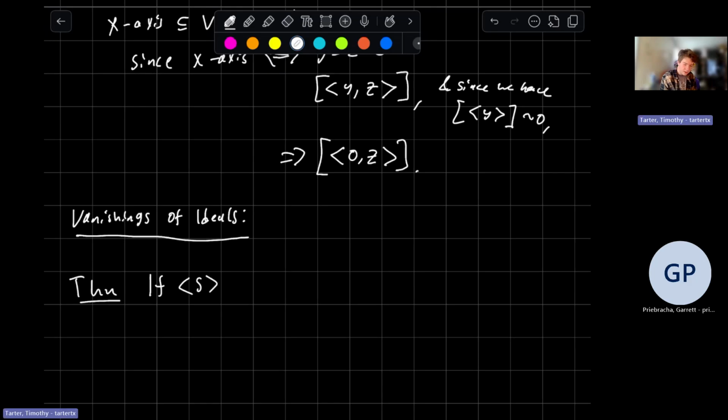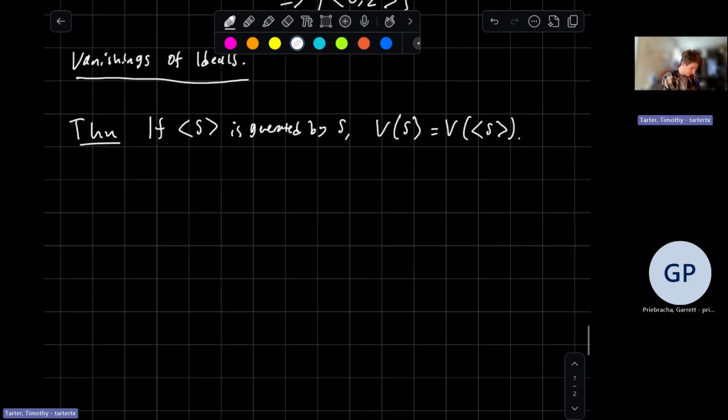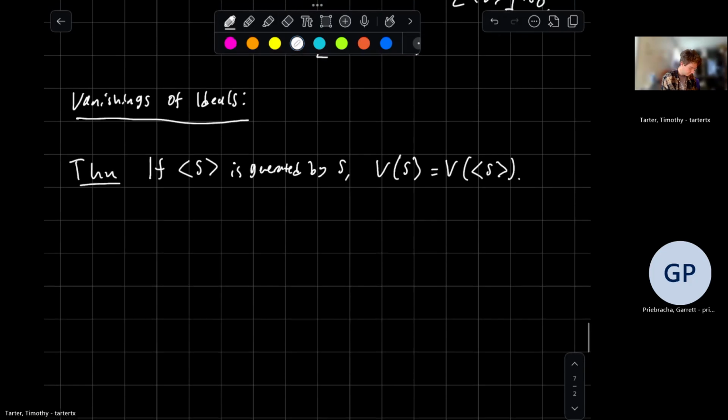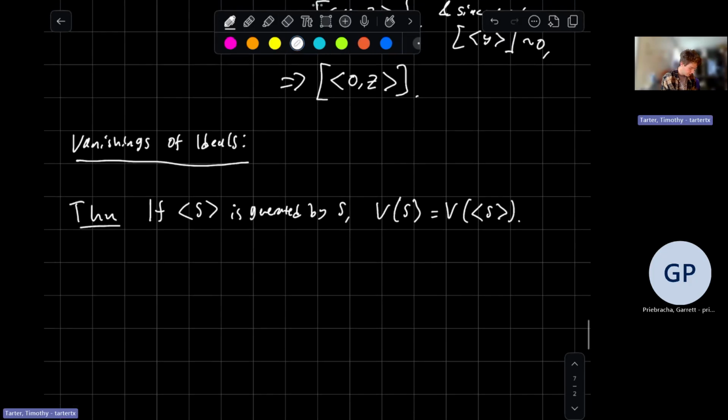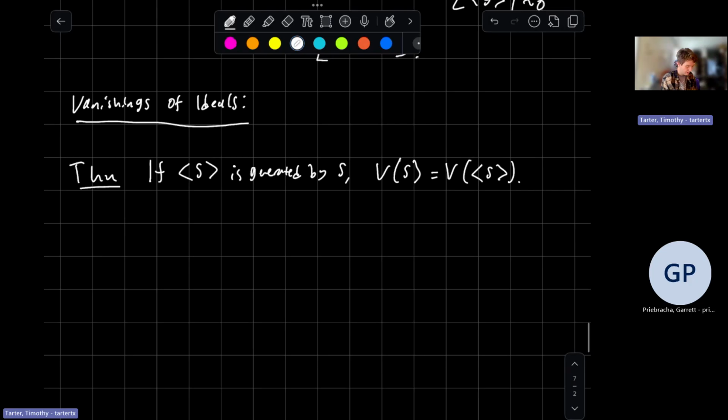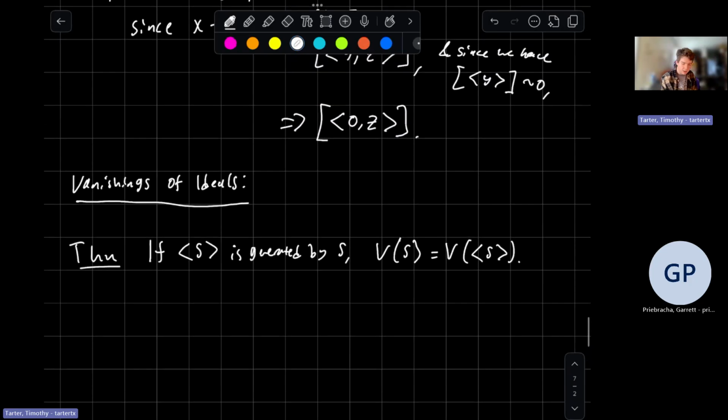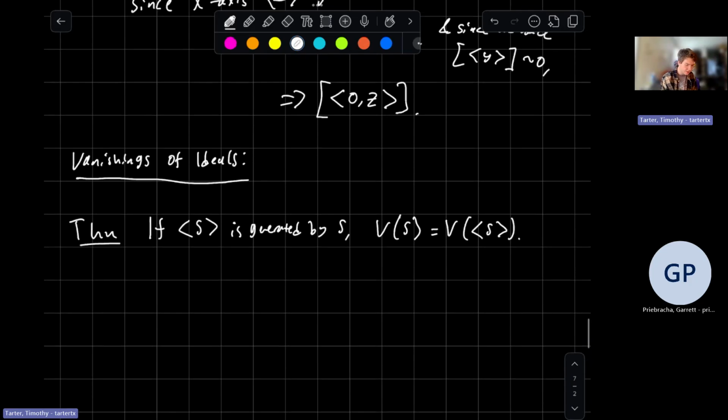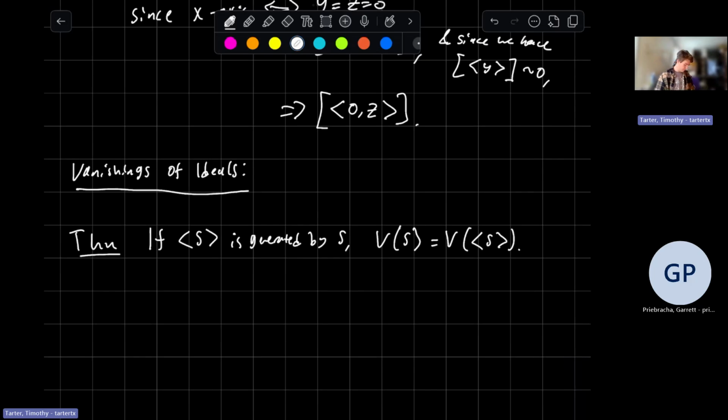If S generates an ideal, then V of S, the vanishing of S, is equal to the vanishing of the ideal generated by S. We've actually already proved this; we just talked about it in a different way.